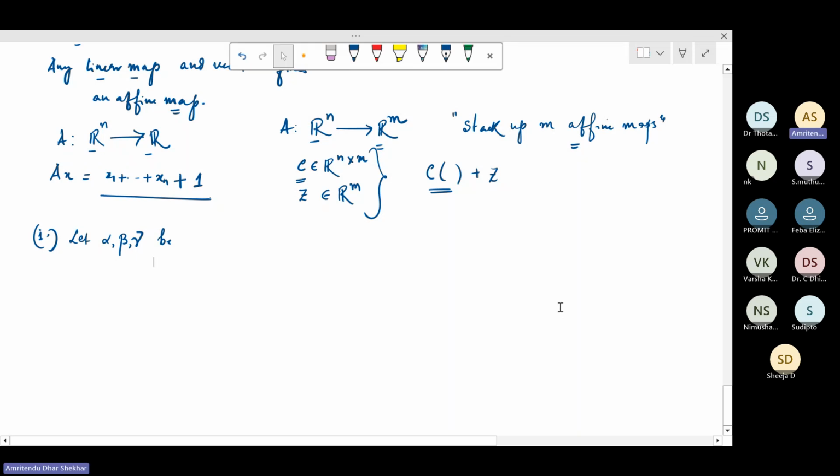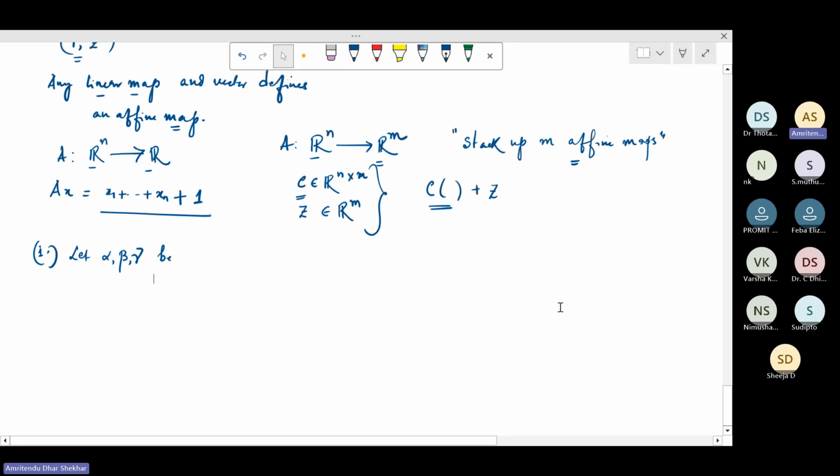Okay, so let me complete the question that I was asking. Number one: let alpha, beta, and gamma be collinear vectors, and these are all in some Rm. And let A from Rm to Rn be an affine map.